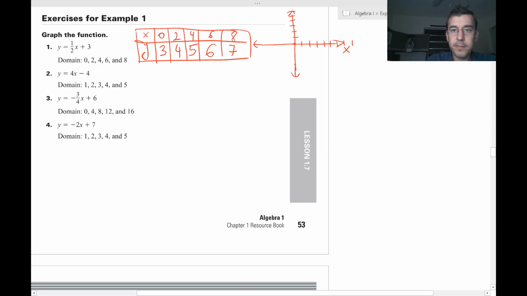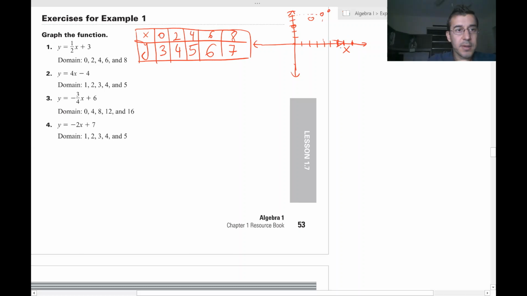So 0 and 3 would be right there. 2 and 4 would be right there. 4 and 5 would be right there. And 6 and 6 would be right there. And then 8 and 7 will be somewhere there.